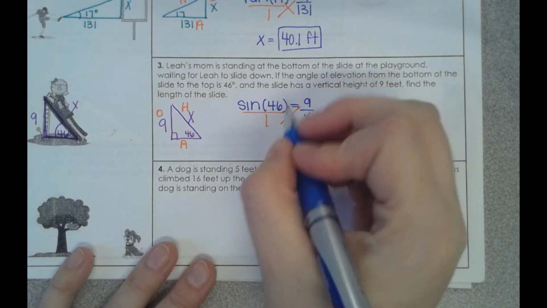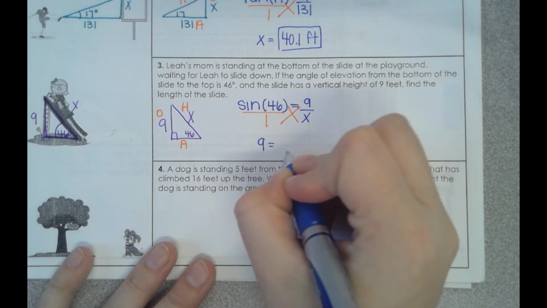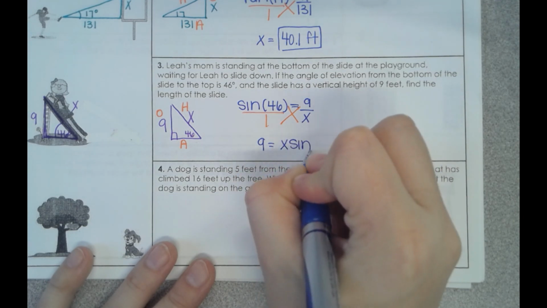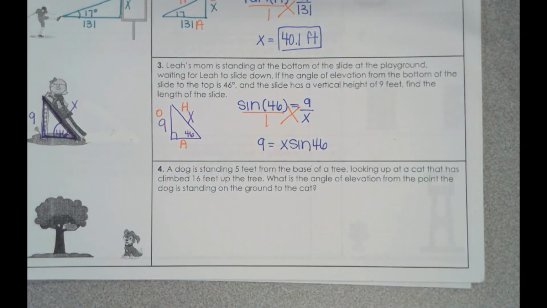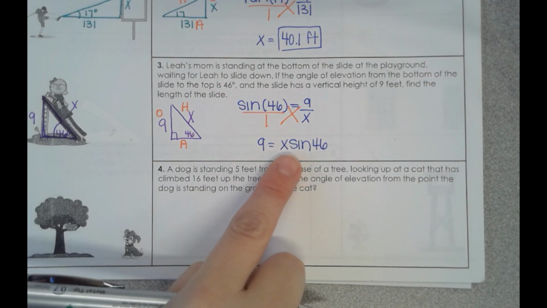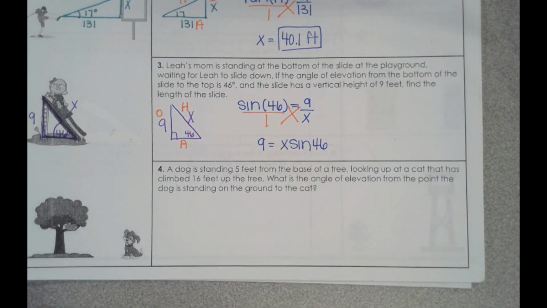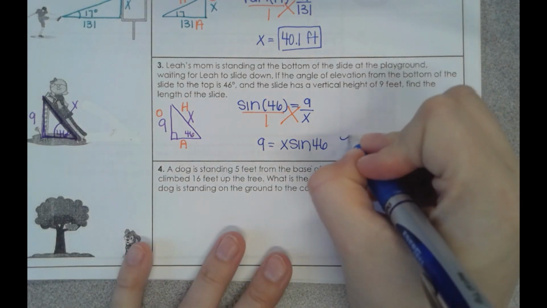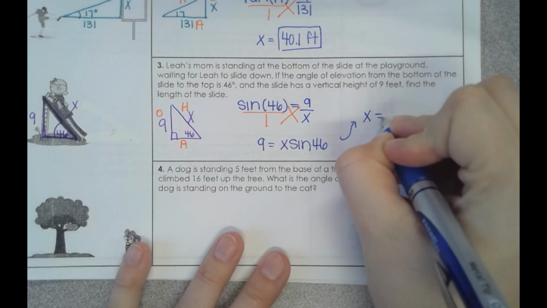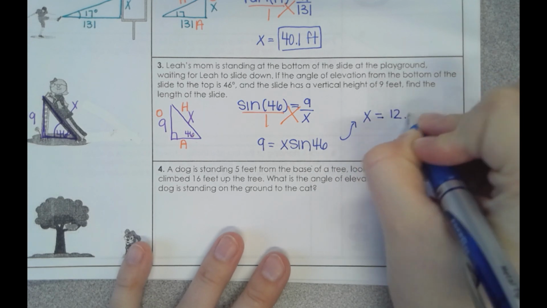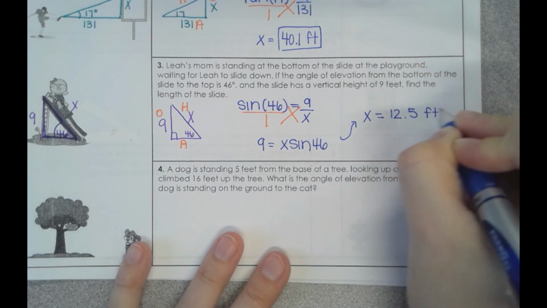So 9 times 1 is 9, equals X sine of 46. We have to get X by itself, so we divide both sides by sine of 46. So X equals 12.5 feet.